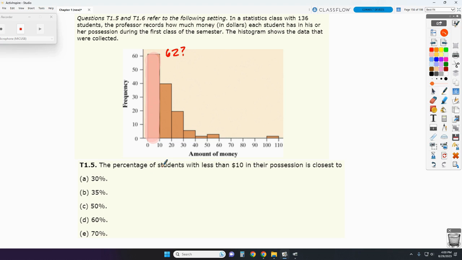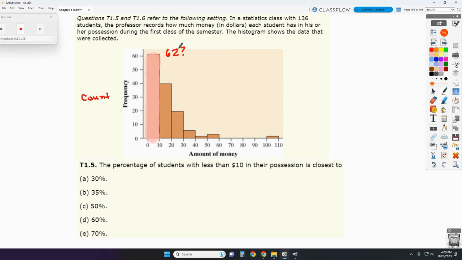And so if you're not paying close attention, you could very easily go, oh, hey, it says it's closest to 60%. But the numbers on our vertical axis are not relative frequencies. They are not in percentages. They are in frequencies, aka counts. So when we say 62, we don't mean 62% of students had less than $10.